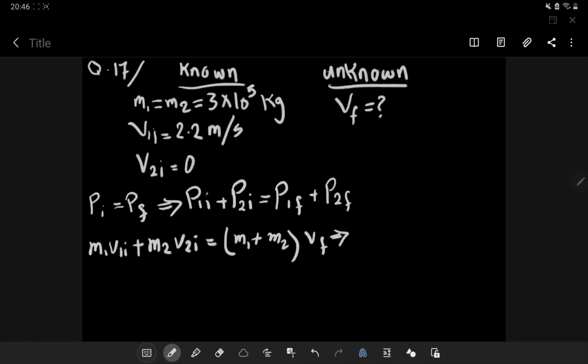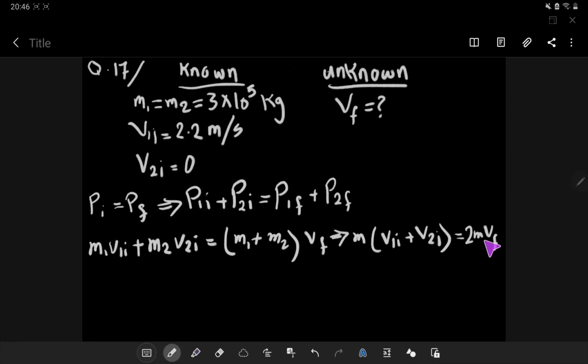So we will write it like this: m times v1 initial plus v2 initial equal to, here we have m1 plus m2, which, as we said, are equal. The two cars are equal in mass, so we can write it as 2m v final.